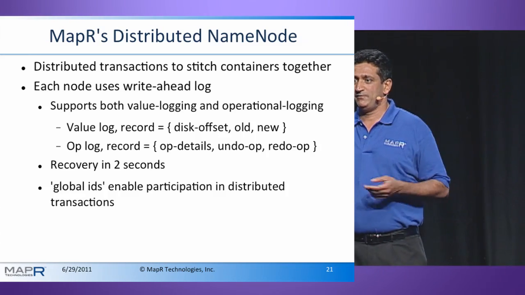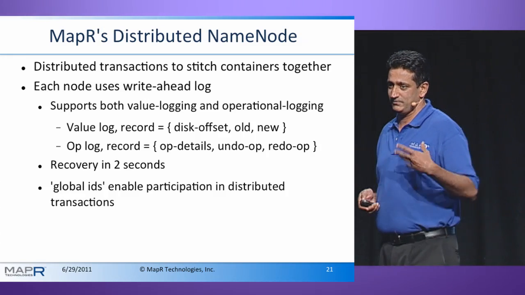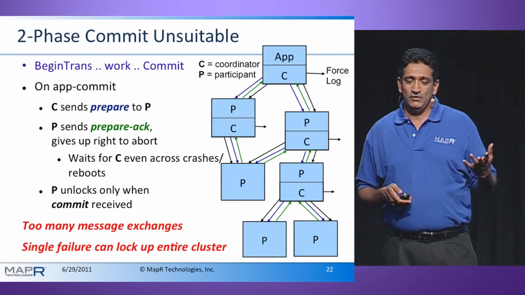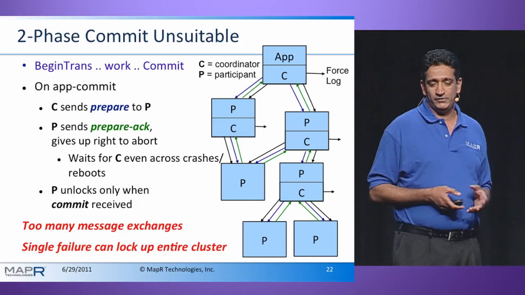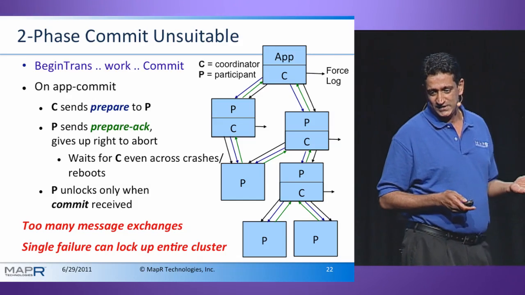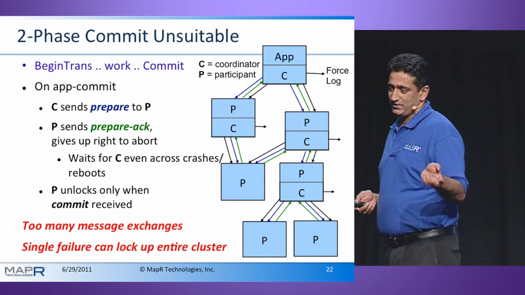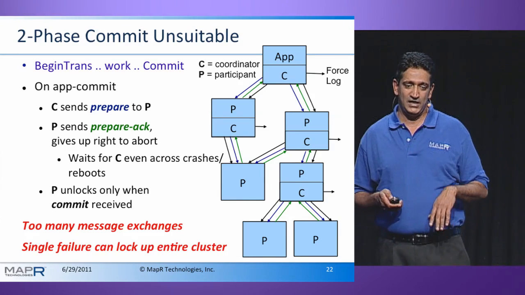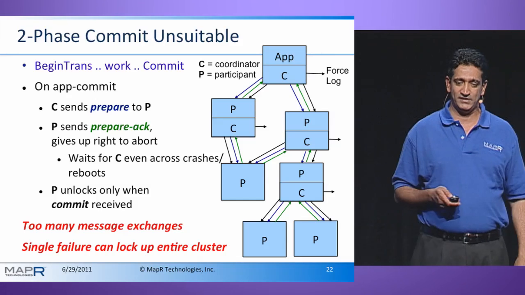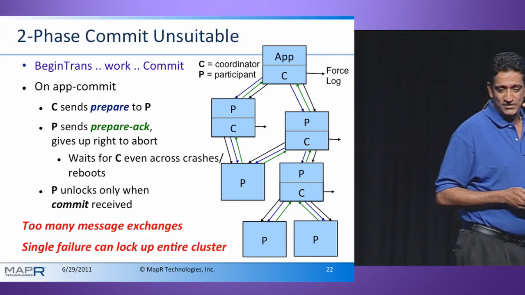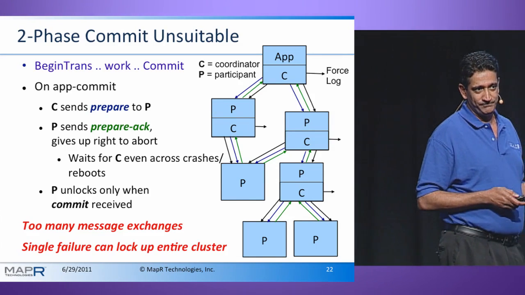So the next question that came up was, what kind of distributed transactions to use? So we looked at two-phase commit, which is the most popular one. What happens in two-phase commit is, when the application says begin trans, work, and then commit, the coordinator is at the app, and it sends prepare messages to all the participants.